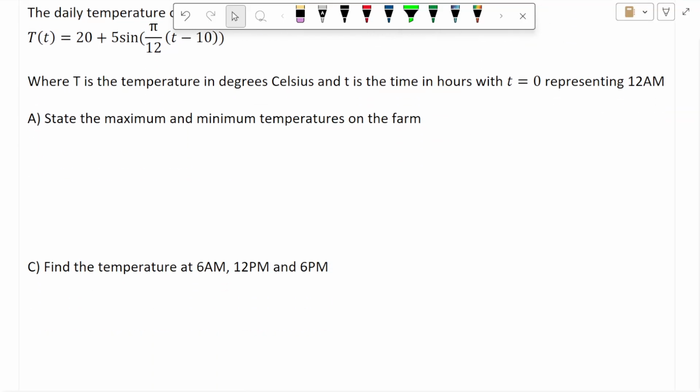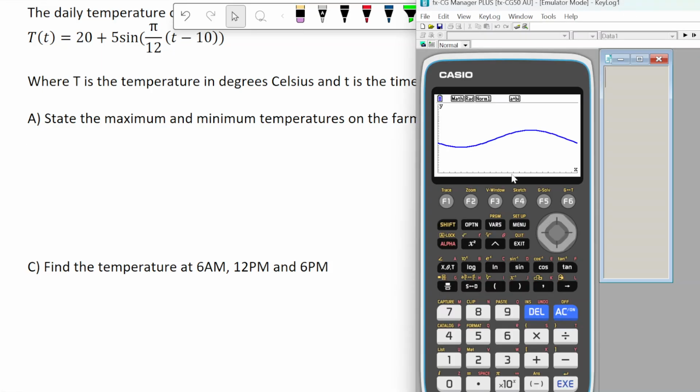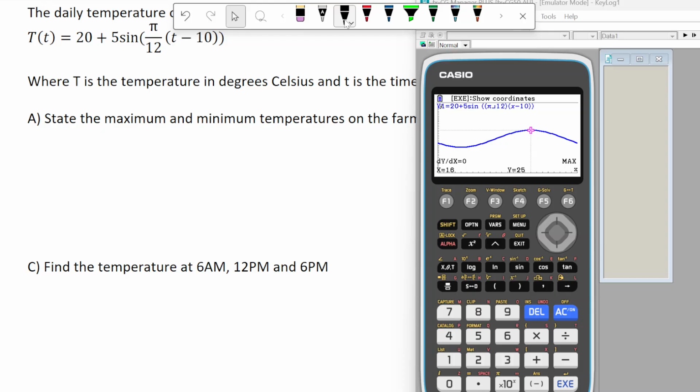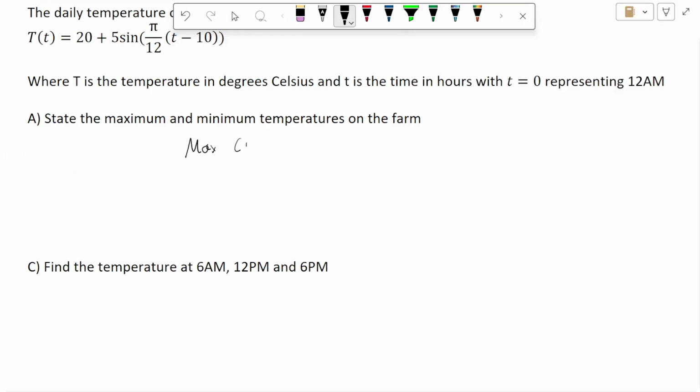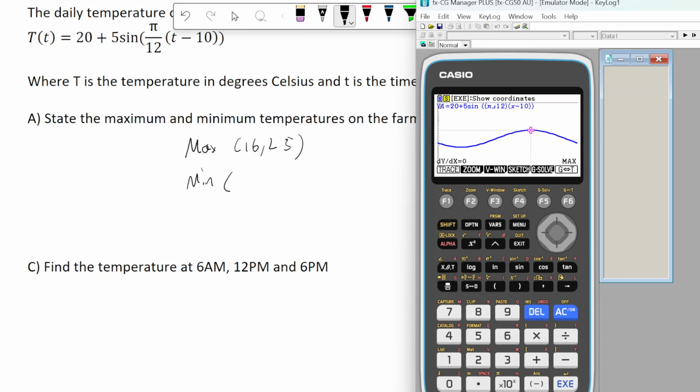State the maximum and minimum temperatures on the farm. So pretty much if you want your max, shift G-solve max, there it is, 16, 25. And then the min is going to be, well, shift G-solve min, 4, 15.